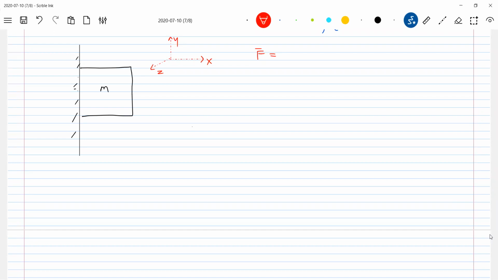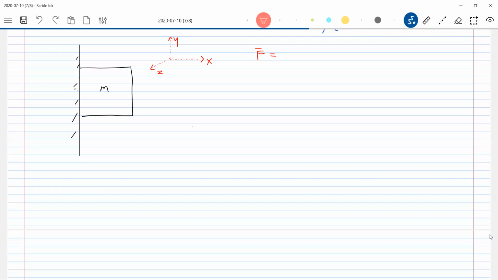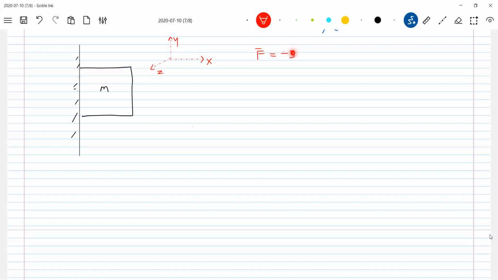F is equal to minus 4 I cap plus 6 K cap.